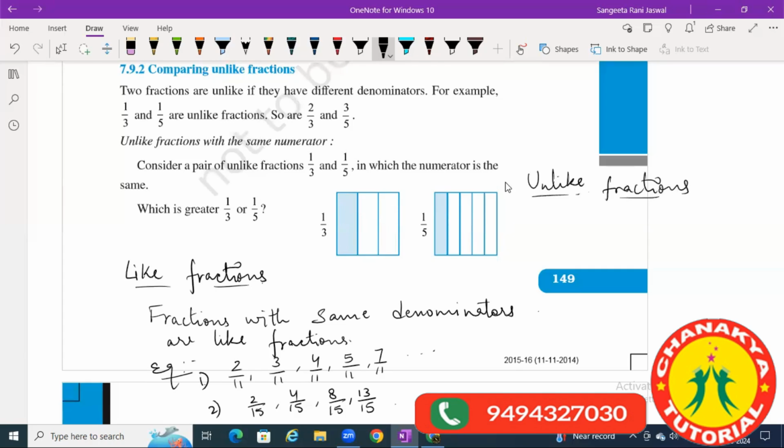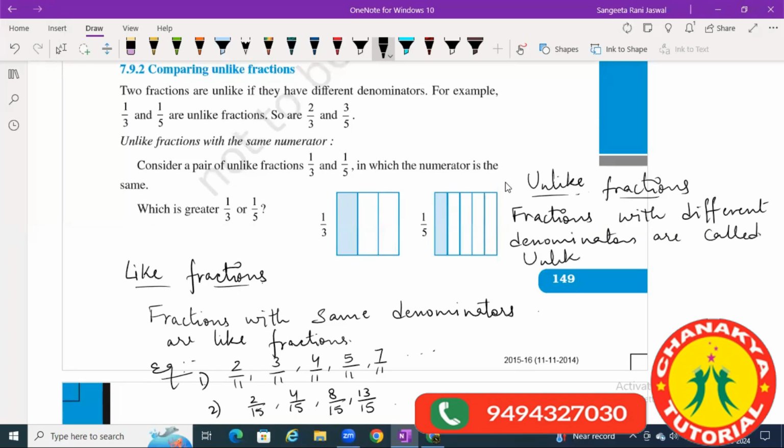Fractions with different denominators are called unlike fractions.